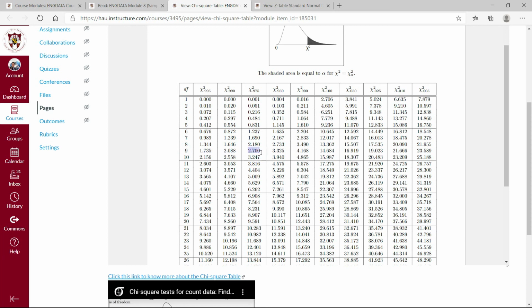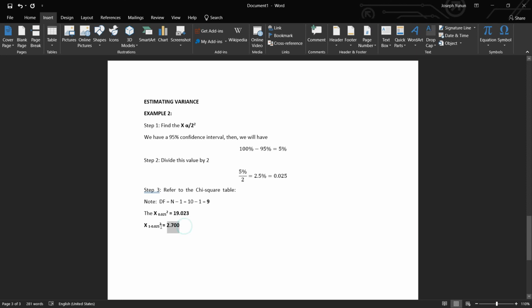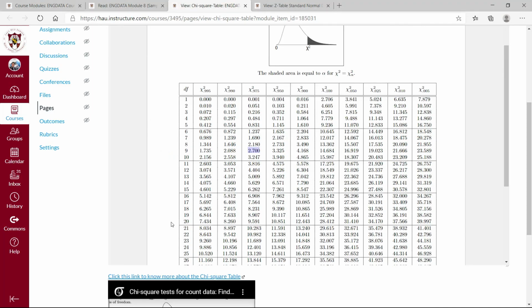So hope this is clear. Where did I get this 2.7? I subtracted 1 minus 0.025. So this gives us 0.975. Then referring to the chi-square table, 0.975 under 9 degrees of freedom is 2.7.